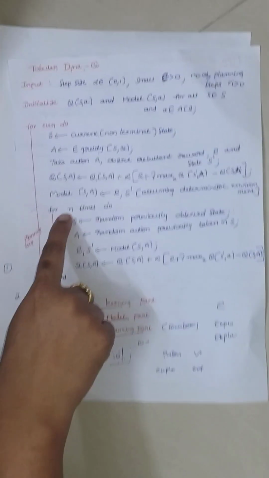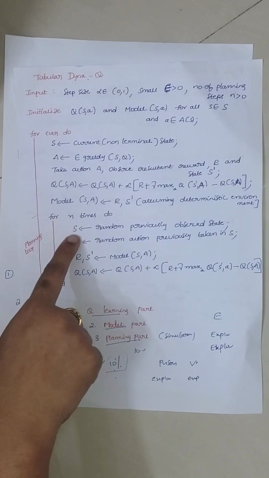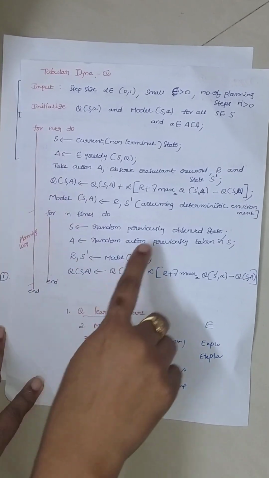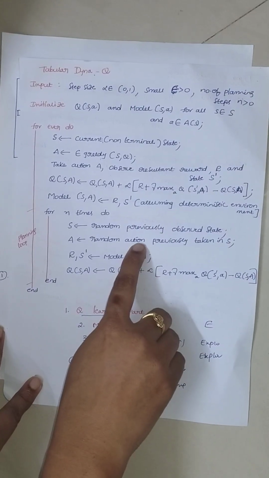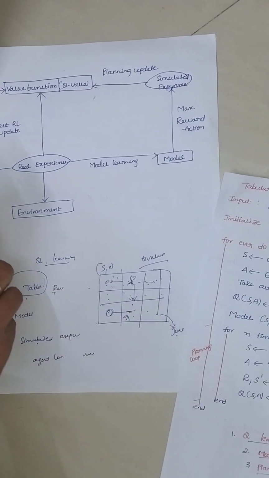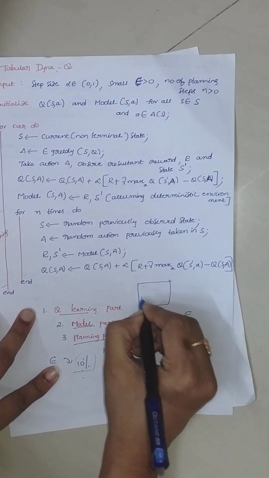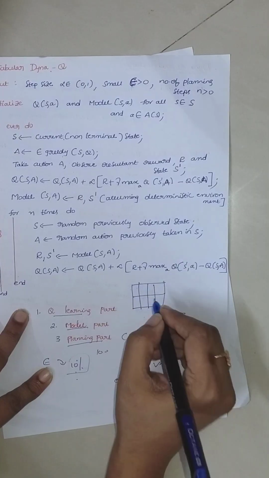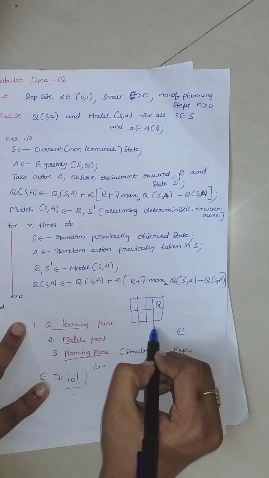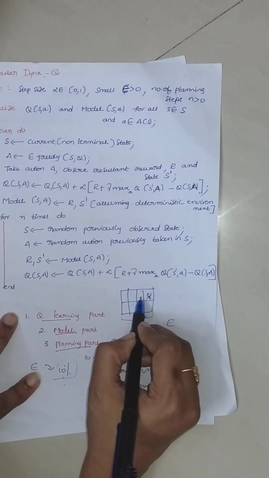For n times means how many times you are simulating the experiences. First, S is a randomly previously observed state, and a random action previously taken. So see, here we have seen an example. The agent is here. An agent can take any state. It can take any action to move, then it will go to another state.